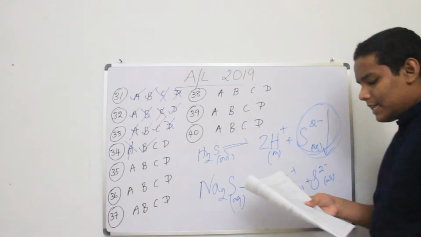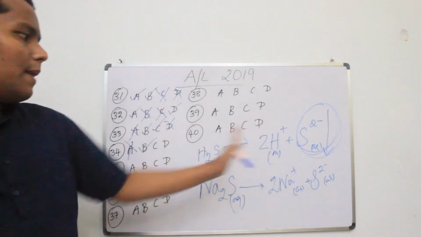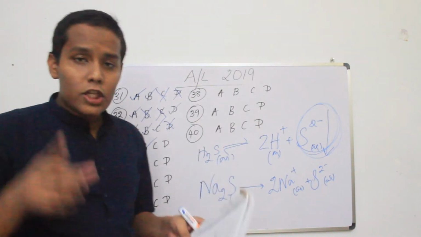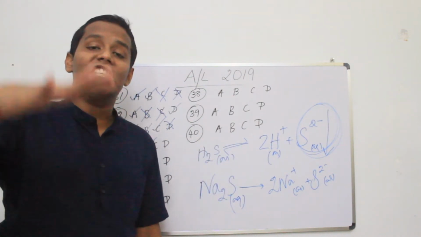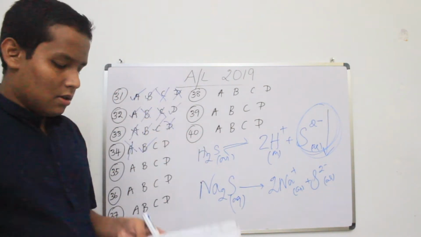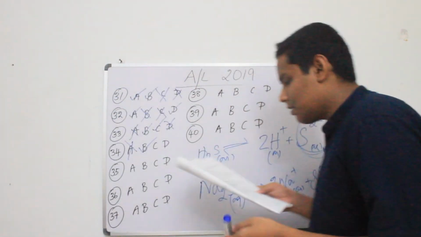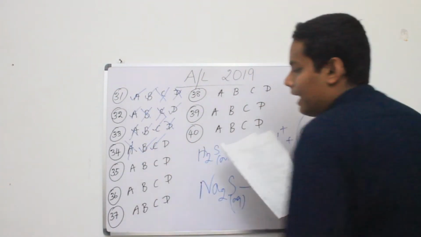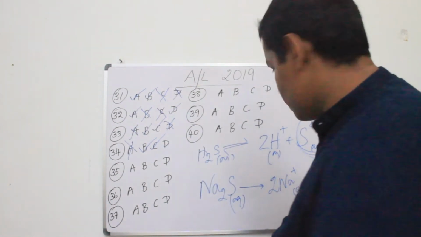Since the S2 minus concentration increases, according to Le Chatelier's principle, the backward reaction is favored, which means the dissociation of H plus is suppressed. Dissociation of H2S decreases. Yeah, C is correct.